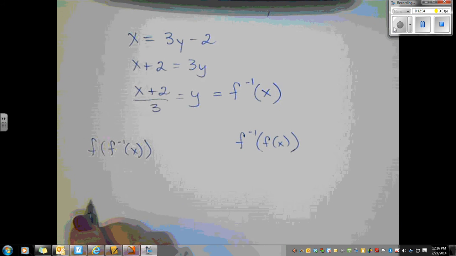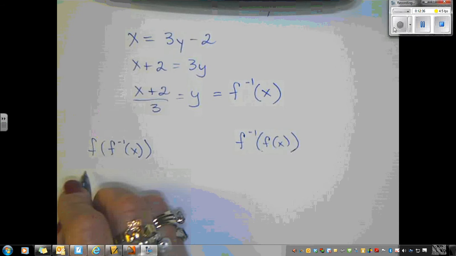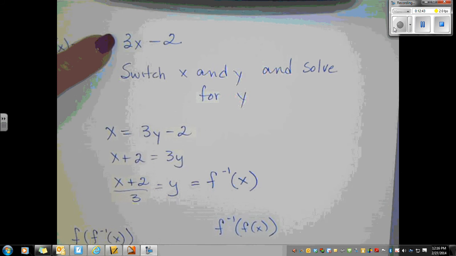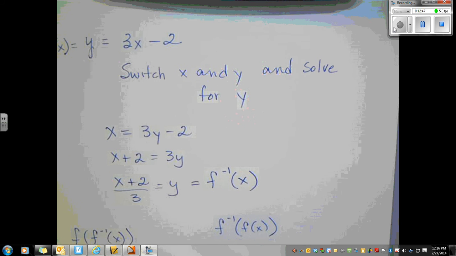If I had the original, I have 3 times x plus 2 divided by 3, minus 2. So, what do we get for the answer for that?